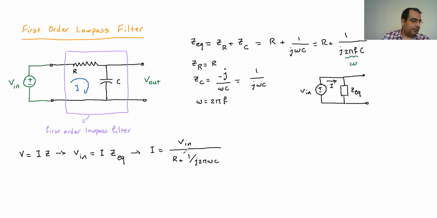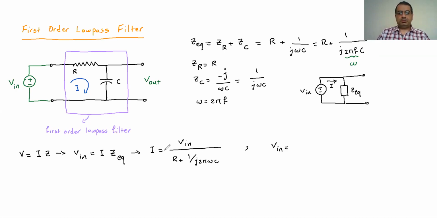So this is going to be the I that we want. Also, I'm going to rewrite it as a Vin as well, because we need it later on.